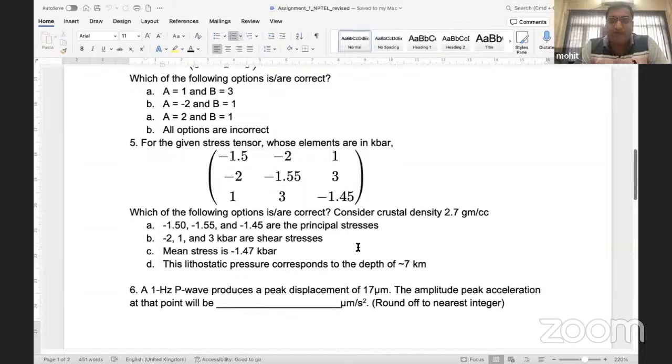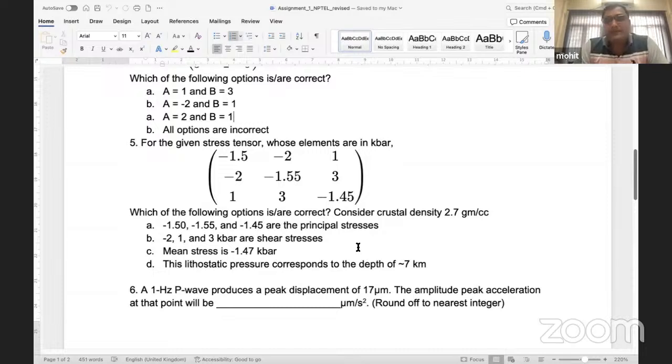But in the current form, the stress tensor is not along that coordinate system because the shear stresses are not zero. So the elements along the diagonal are the normal stresses, not the principal stresses.